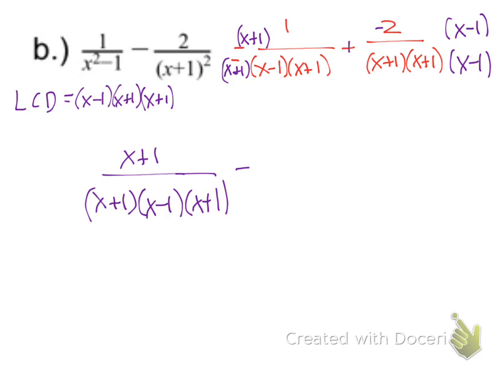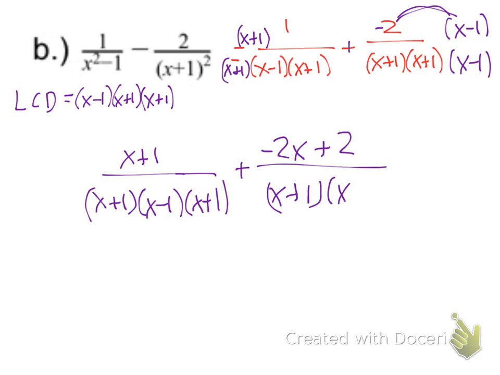You're less likely, if you turn it to a positive or addition, to make a mistake when you go to distribute. So in that case, I know I'm going to add, and all I'm going to add is negative 2 times x, negative 2x, and hopefully plus 2, and that is over x plus 1 and x minus 1. Yes? Now you got common denominators. Gather like terms on top.